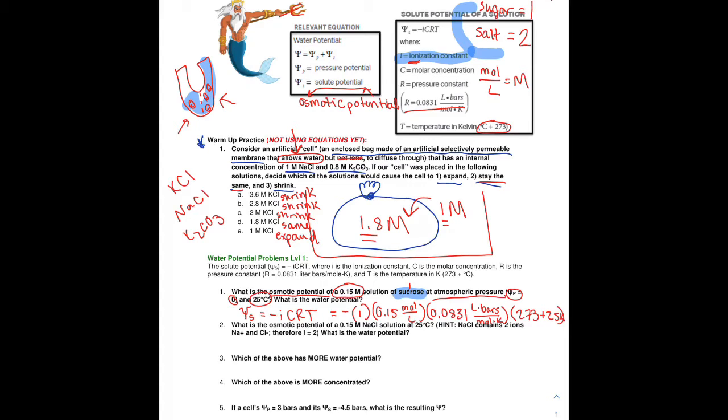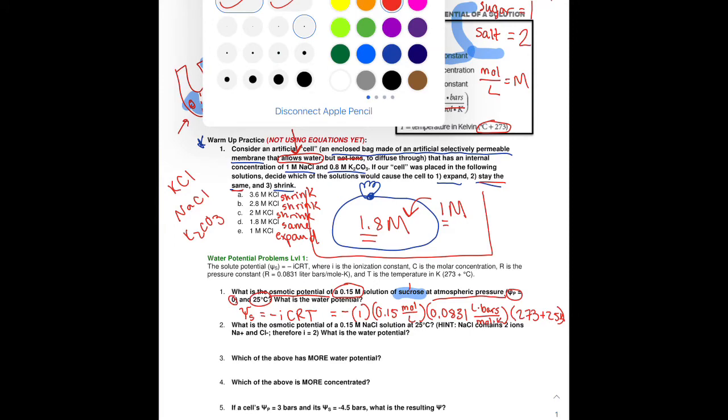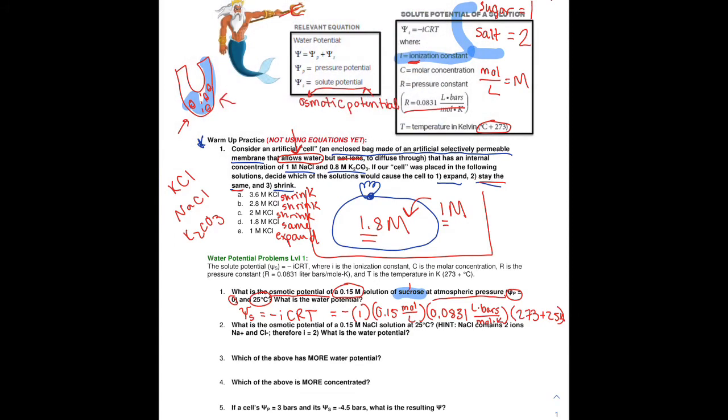Whenever you work all this out, we see that our moles are going to cancel, our liters are going to cancel, our Kelvin will cancel, and we're left with bars. So whenever you multiply all that out, your solute potential, or osmotic potential, should be negative 3.7 bars.